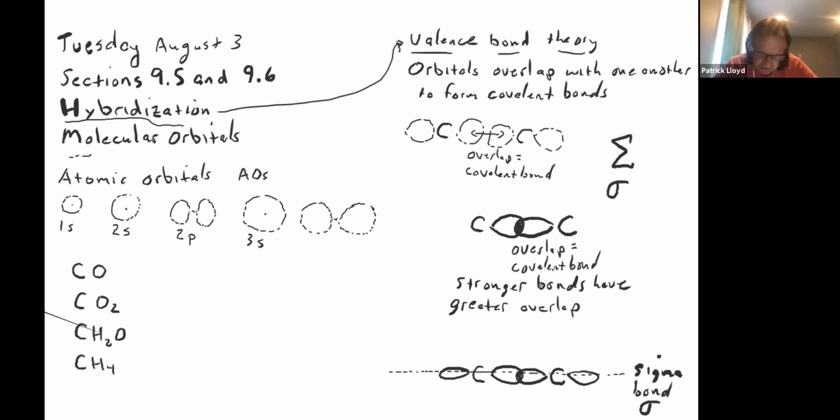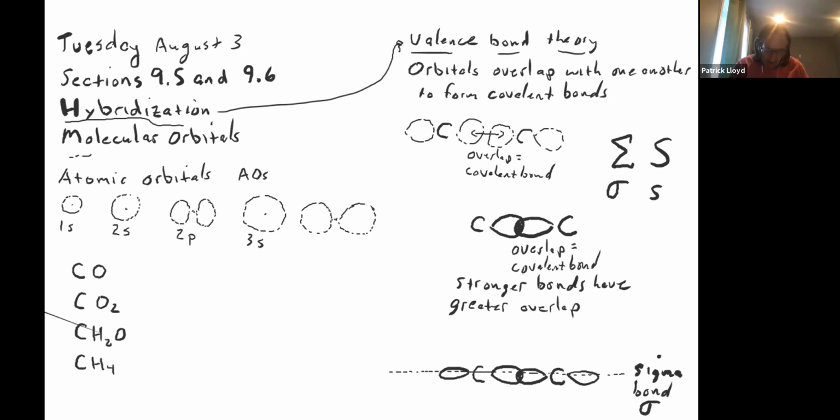It's analogous to S because this is the Greek letter S. We're really saying that s orbitals form sigma bonds, and even though I'm using p orbitals right here, perhaps the most common sigma bond is the bond you get between s orbitals, where at least one of the atoms has an s orbital.